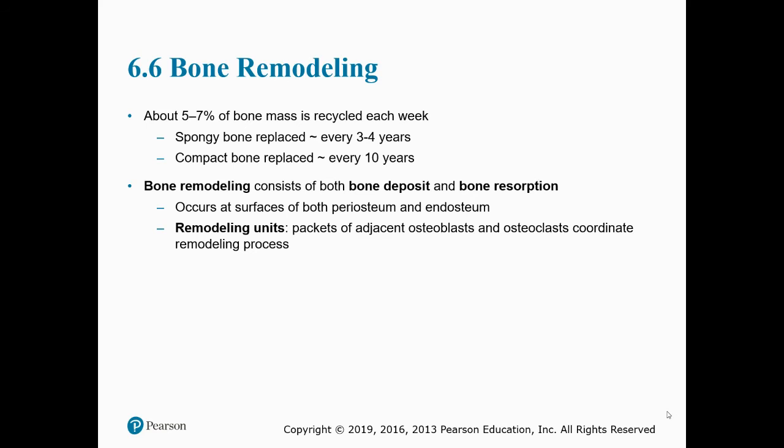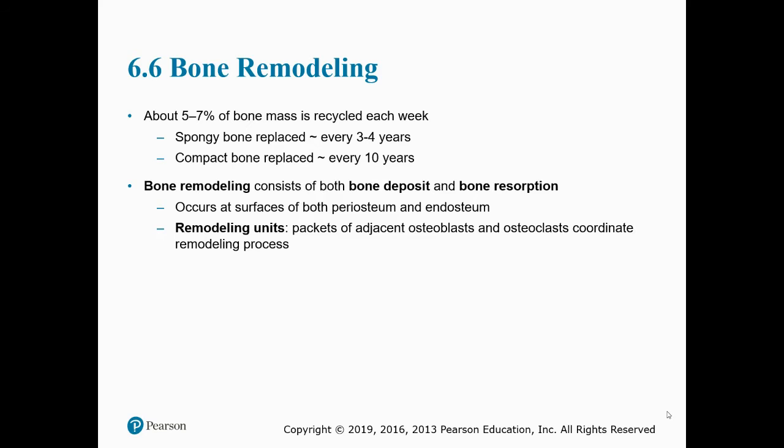And this turnover is so high that about every 3 to 4 years, you actually replace all the spongy bone in your body. And about every 10 years, you replace all the compact bone in the body. So you're constantly depositing bone and resorbing that bone, right? Depending on the needs of the body and the impact that you place upon your bones as well.